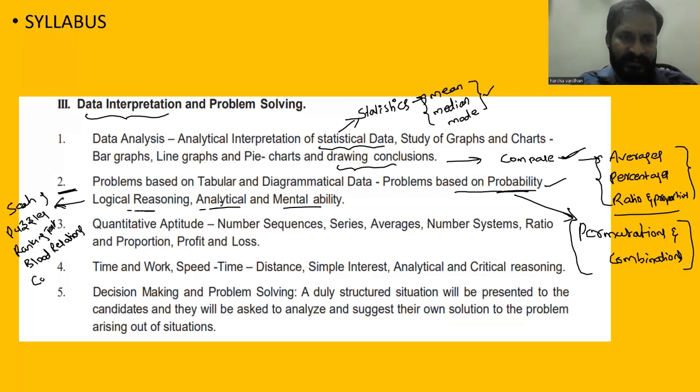All of these come under logical, analytical, and mental ability skills. There are still some other reasoning concepts; we will learn them, not an issue.